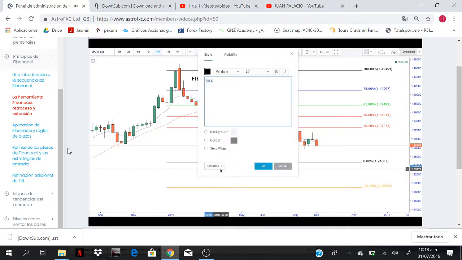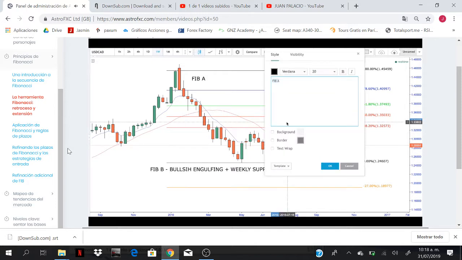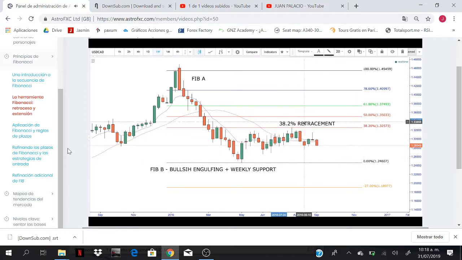So the ABCD here, so we've got fib A, got fib B, and I know off the top of my head this is weekly support right there, and then we also have the 38.2 retracement over there.